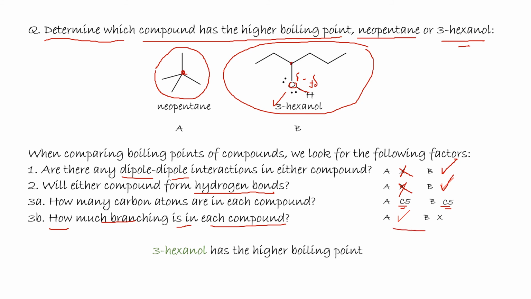And remember, branching decreases boiling point, while the other factors increase it. So the conclusion: 3-hexanol has a higher boiling point.